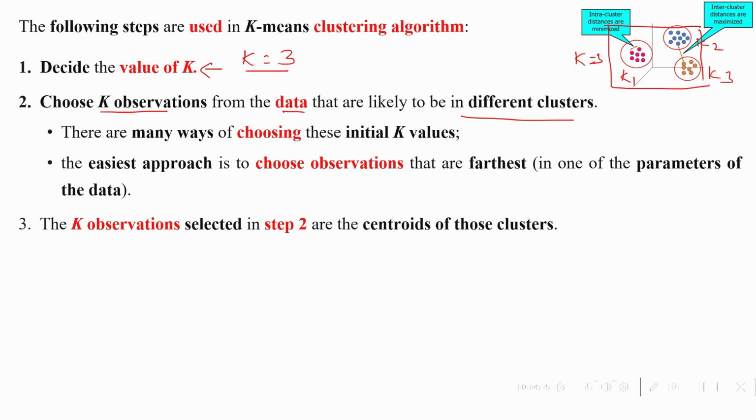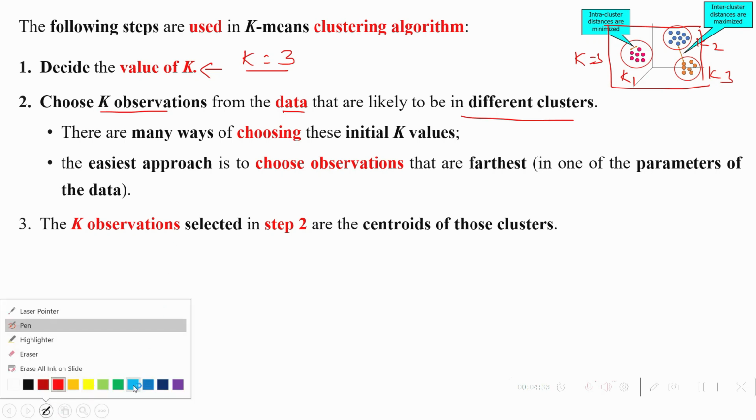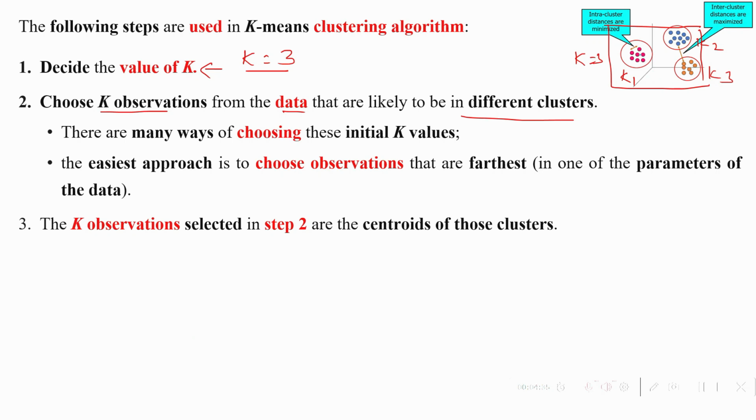For each cluster there must be a centroid. For example, this is the initial centroid for cluster 1, this is the centroid for cluster 2, and this is the centroid for cluster 3.